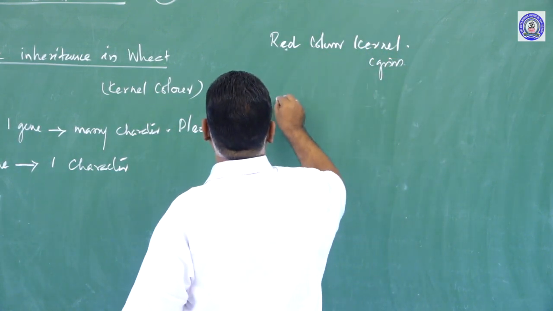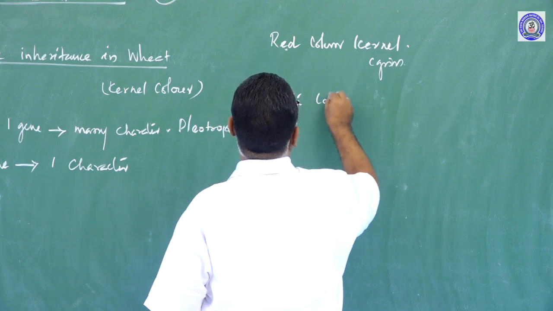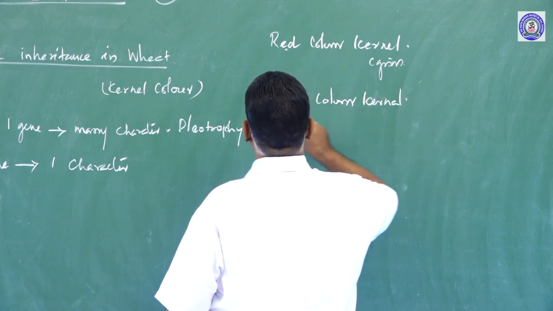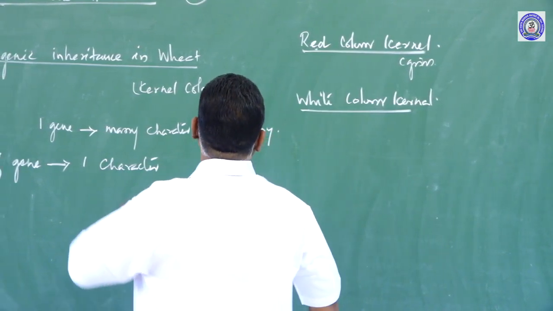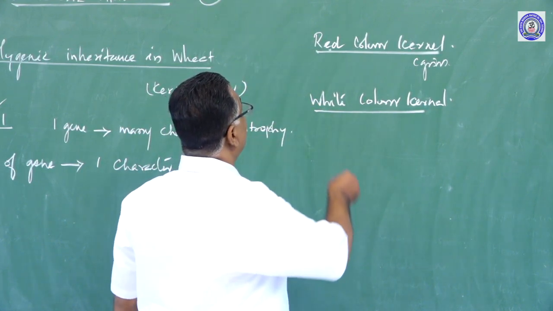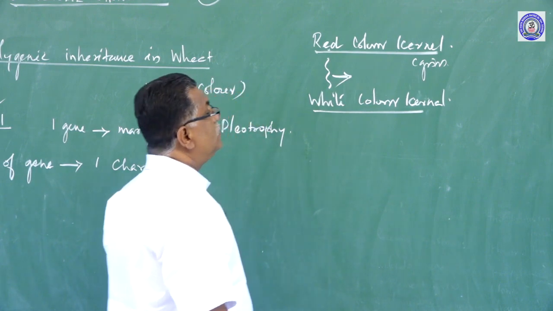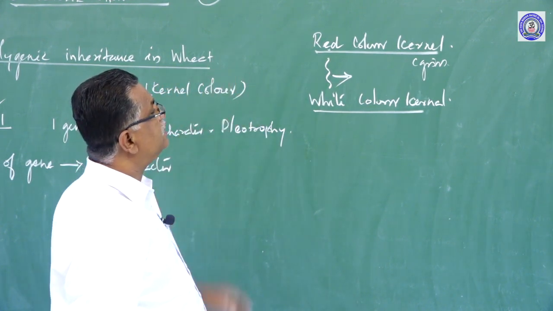Another variety he found is white color, which produces white color kernels. These two are the extreme characters, one is red, one is white. And afterwards he found many other varieties in the middle, dark red or moderate red, pale red, like that.